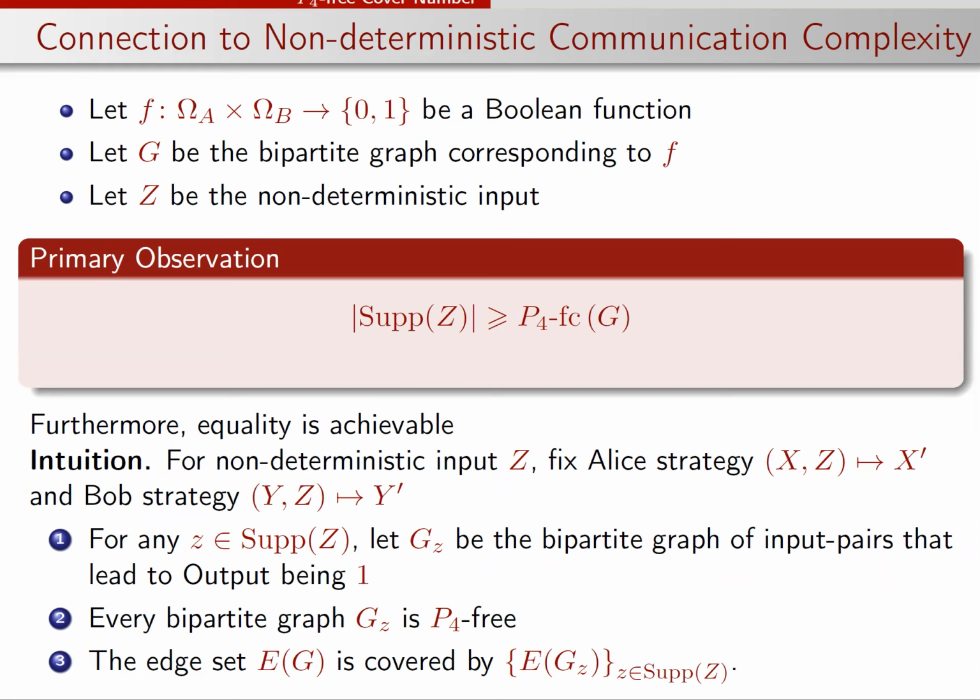Now, if we look at any small z in the support of the non-deterministic input Z, the bipartite graph of input pairs that lead to output being 1 is P4-free. So we can see that the bipartite graph G is covered by P4-free subgraphs indexed by the small z in the support of the random variable capital Z.